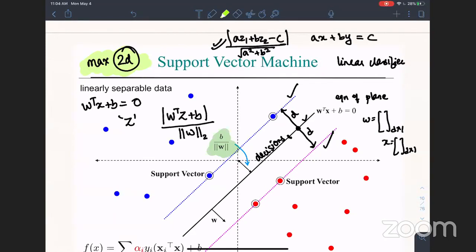This is called, let me throw in another term, hard margin. Hard margin is strict, probably like your nursery teacher or somebody in class 5 or 6, right? Hard margin is very strict, which basically says I'm not going to take any point in between the margin.